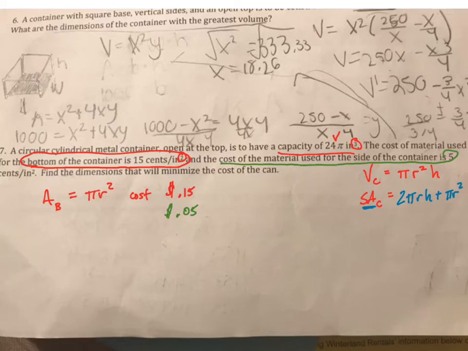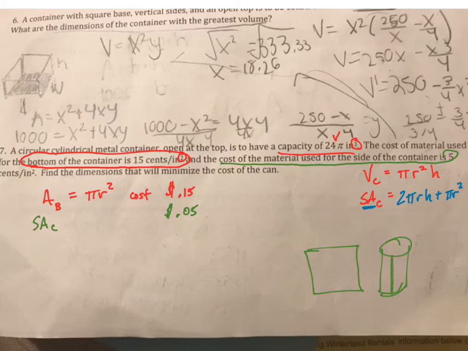The cost for the surface area basically of that cylinder, right? Because you're going to have this cylindrical thing like this, and if you cut it open and you spread it out, there's a rectangle.